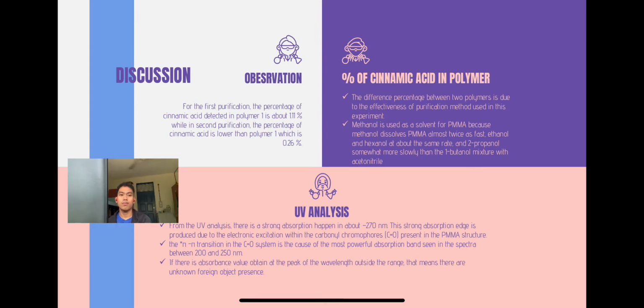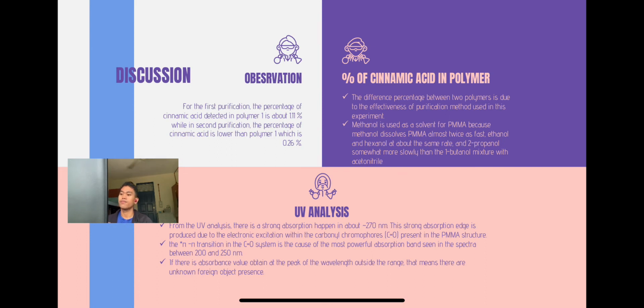So we know that methanol is quite fast in dissolving the PMMA compared to other solvents. For crystallization, such as of double hydrophobic copolymers, the use of a methanol solvent mixture is unquestionably preferred to organic solvents. So we can say that methanol is one of the most common solvents for the polymer.